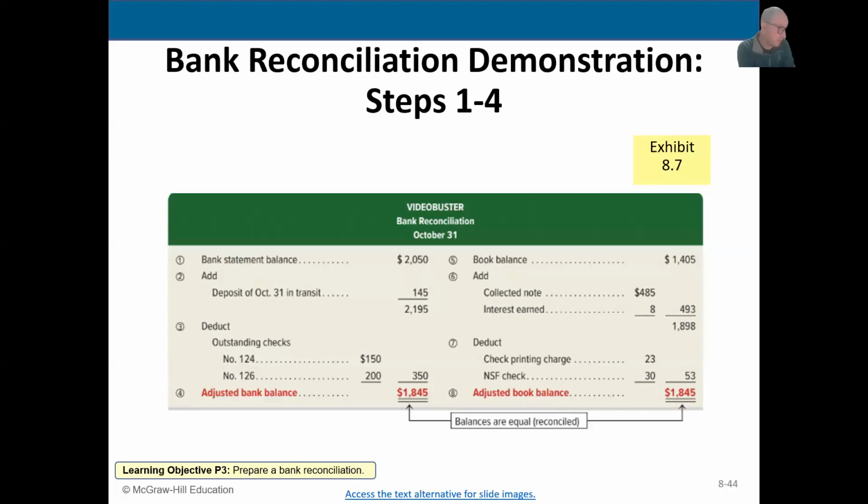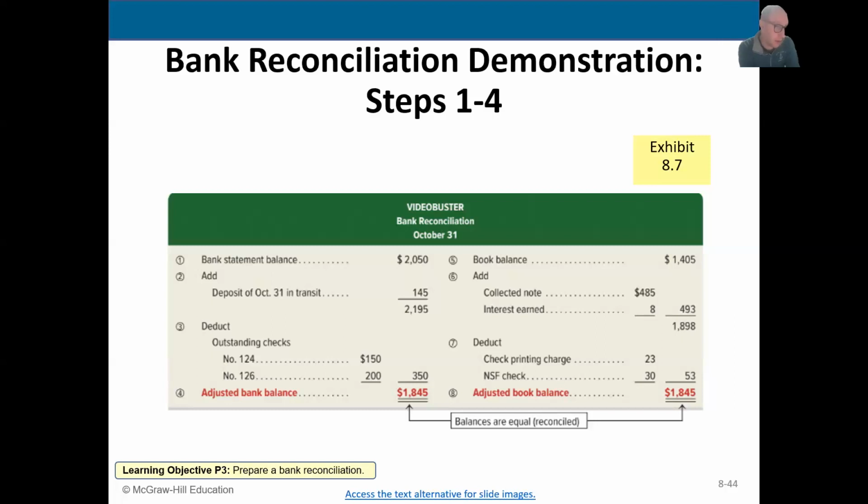This example 145, giving us an updated balance of $2,195. Minus outstanding checks. There are 2 of them, 150 and 200 for a total of 350, giving us an adjusted bank balance of $1,845. On the accounting record side, our QuickBooks balance shows $1,405 of cash.